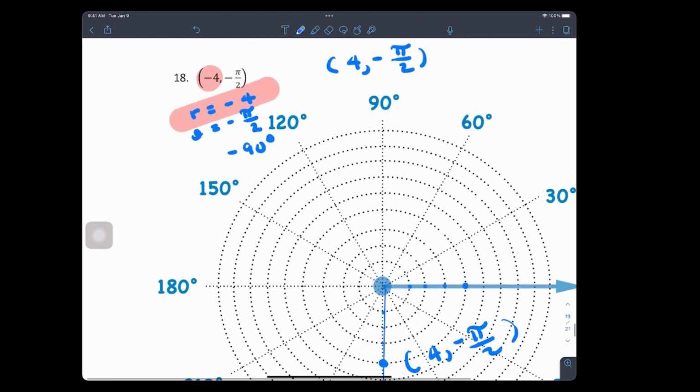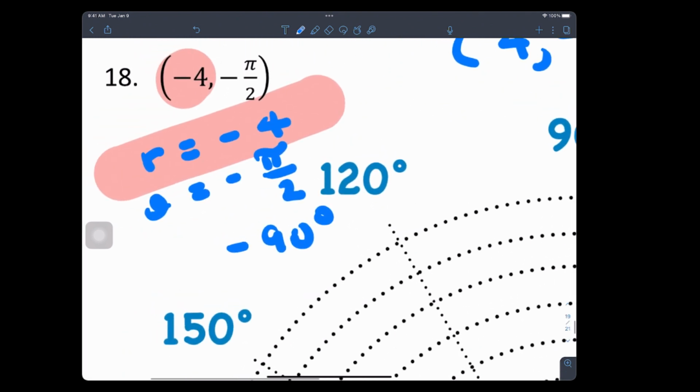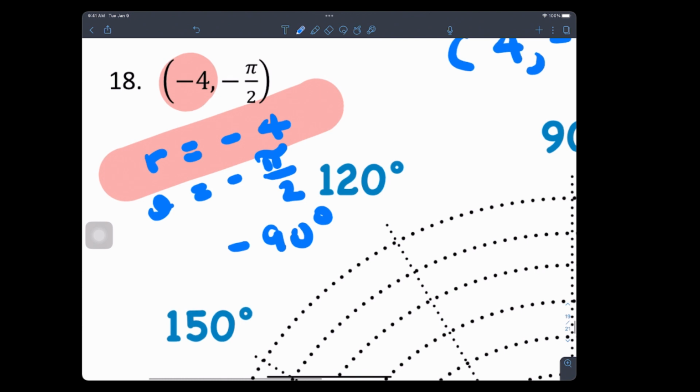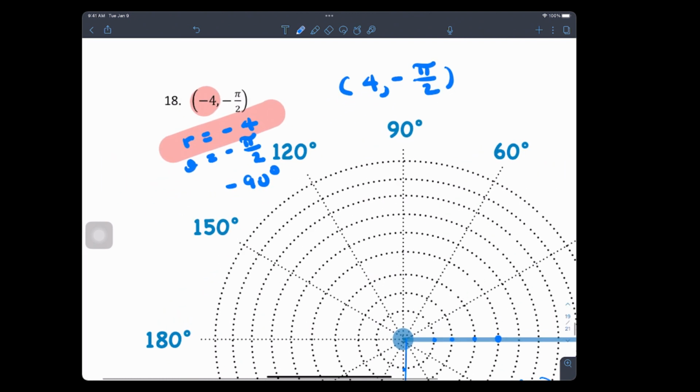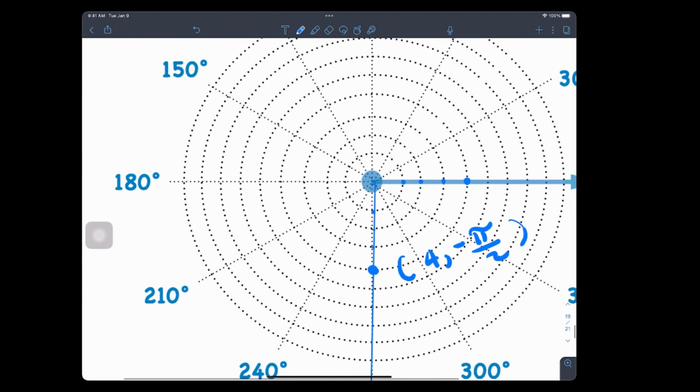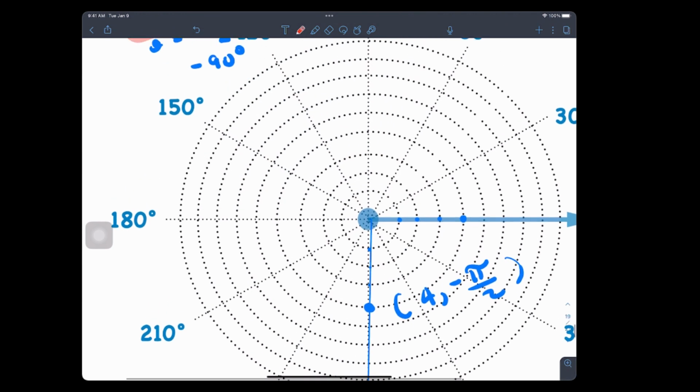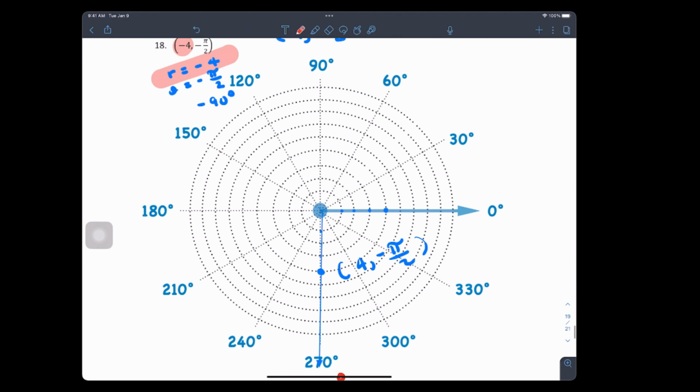But it's a negative radius. It must be opposite the what? Opposite the pole. So what is opposite this pole? One, two, three, what? 4.